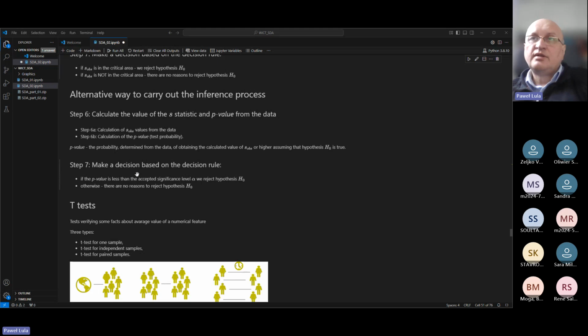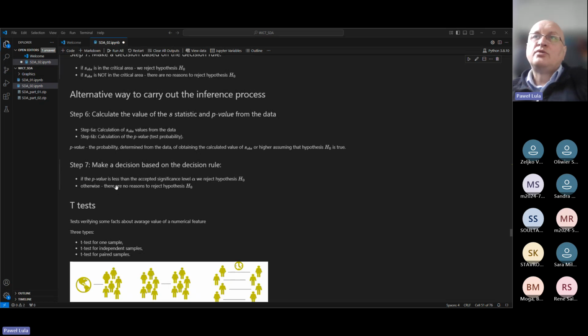And the last step is the step concerning the decision. When we use the p-value, our rules are very simple.